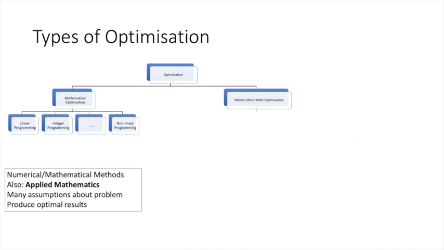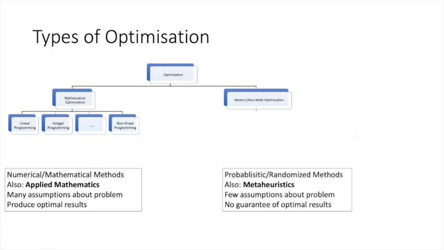Whereas the modern optimization algorithms are also called probabilistic methods or metaheuristics. They relax many assumptions of the numerical methods, and therefore they can work on problems where numerical methods do not.